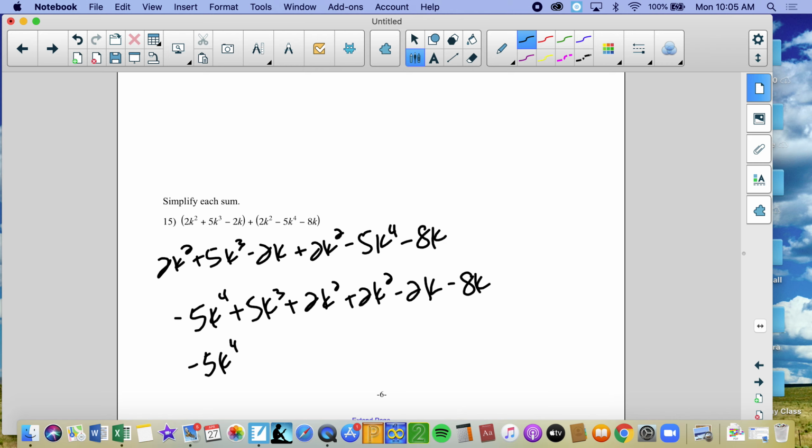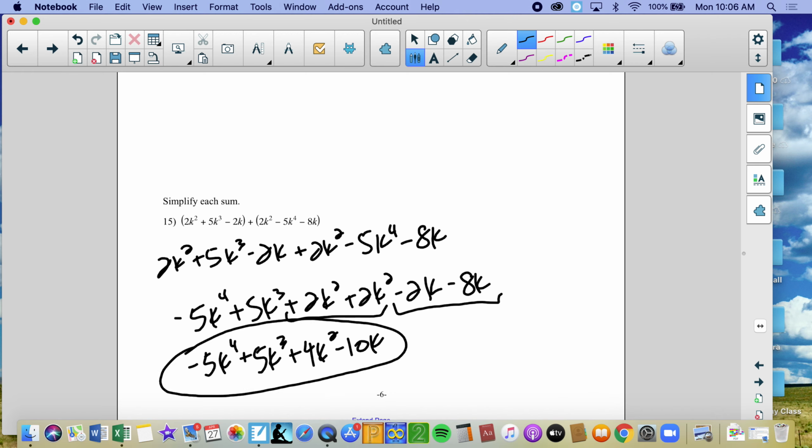These are like terms, so we're going to combine their coefficients. And that would be your answer in standard form, descending order by exponent, alphabetical order by variable.